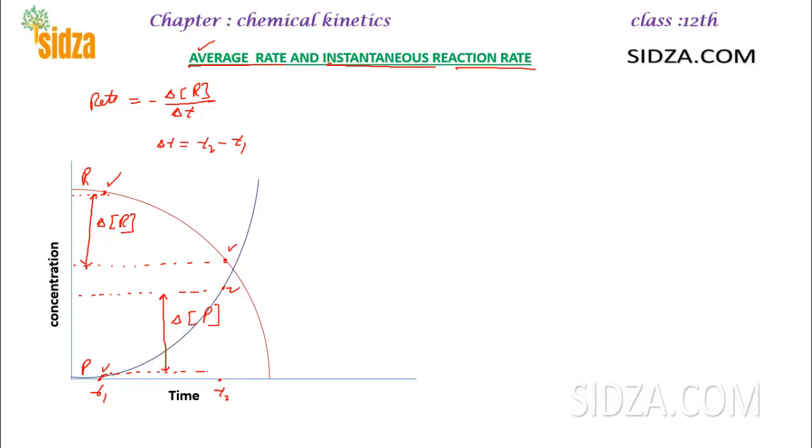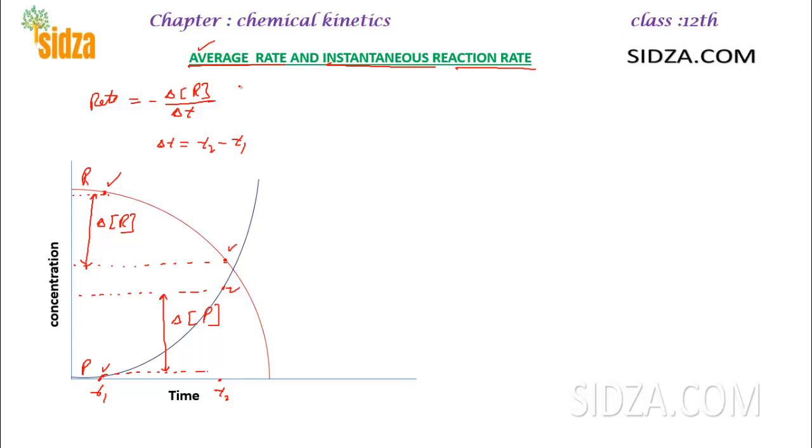You can see the concentration of products increases, and from the change in concentration of the products during this time period you can calculate the rate of reaction. So the rate of reaction will be equal to the change in concentration of products divided by the time interval.